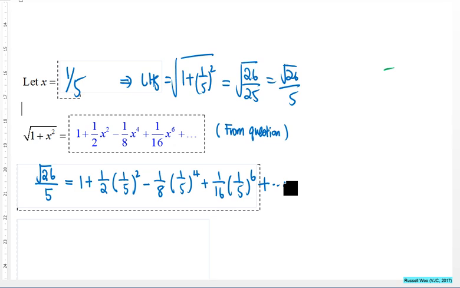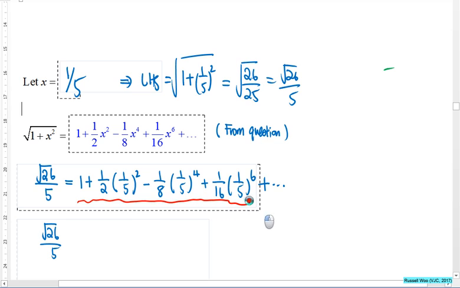So I'm going to use the calculator to evaluate all these. Okay, use calculator, don't use by hand. This I will get 1.019804. You get square root 26 over 5. This one I use the GC, I'll get 1.019804.